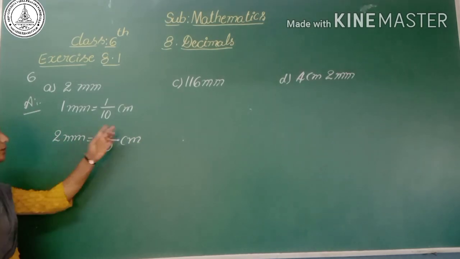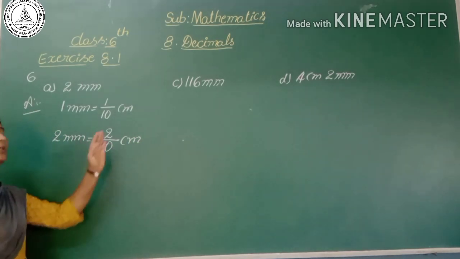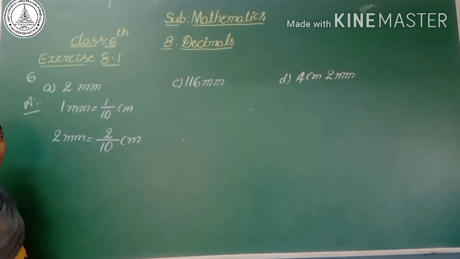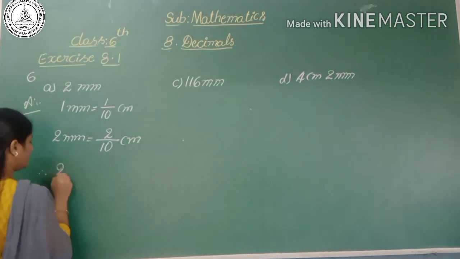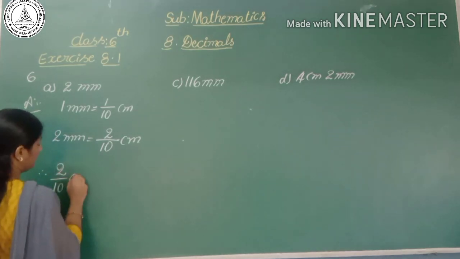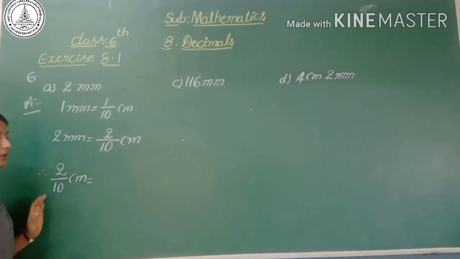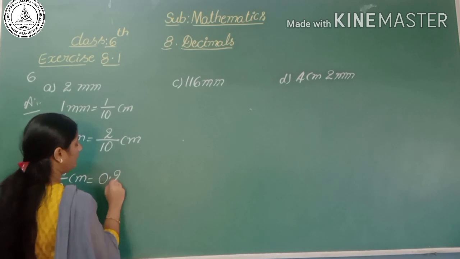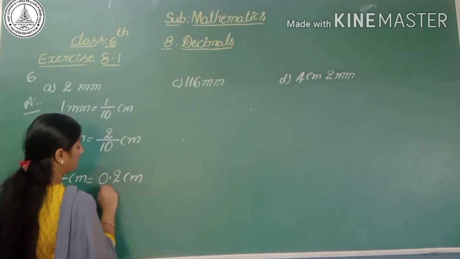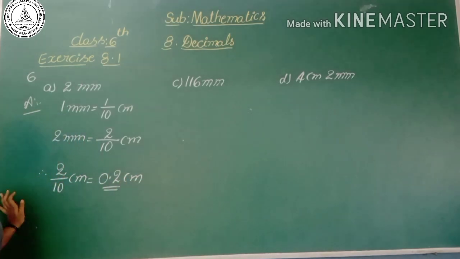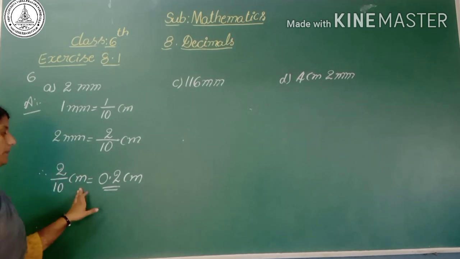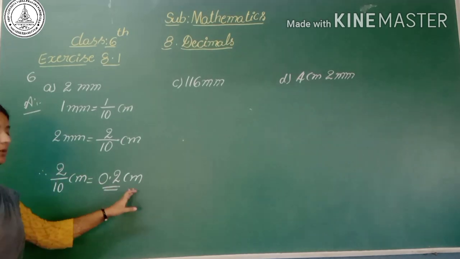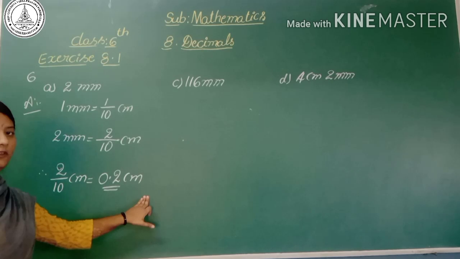Now we have to write 2/10 centimeter in decimal form. Therefore, 2/10 centimeter is equal to 2 tenths, and 2 tenths can be written as 0.2 centimeter in decimal form.